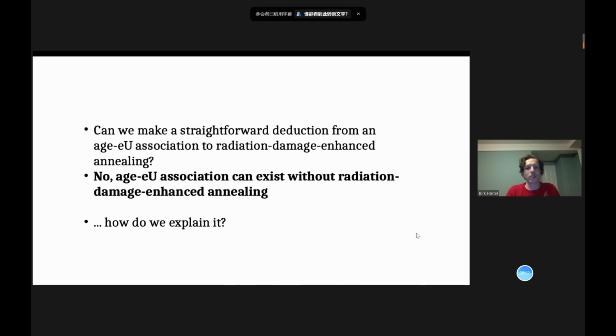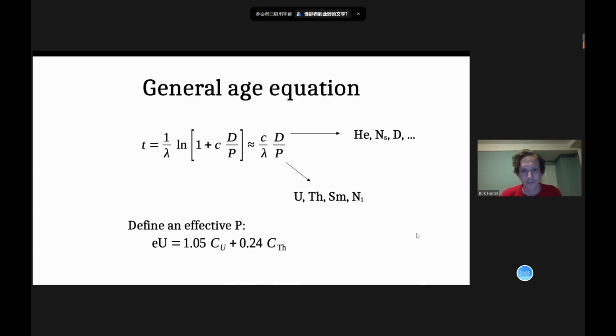That begs the question, how do we explain the age-eU associations that we see then if it's not by radiation damage? And here I just want to take you back a step and see what all of these different methods where this phenomenon happens have in common. And of course, we're in radiometric dating, so all of these methods actually obey the law of radioactive decay over time.